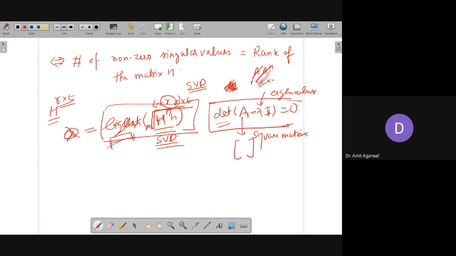Our aim is not to evaluate singular value decomposition for each matrix, and I assume that you have studied it in your linear algebra. So I will just discuss here a few eigenvalues of orthogonal matrices.